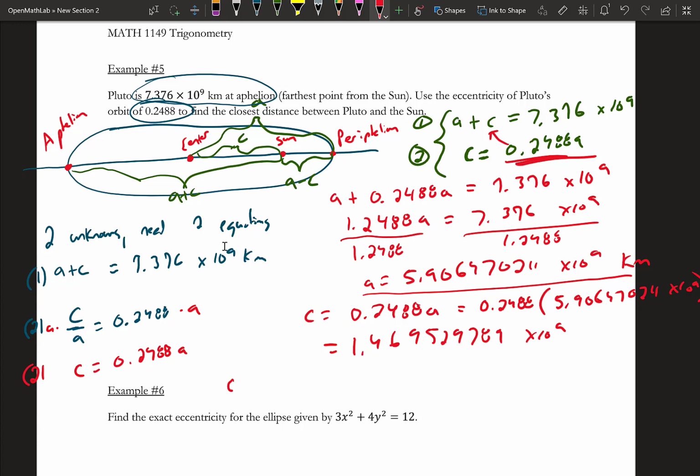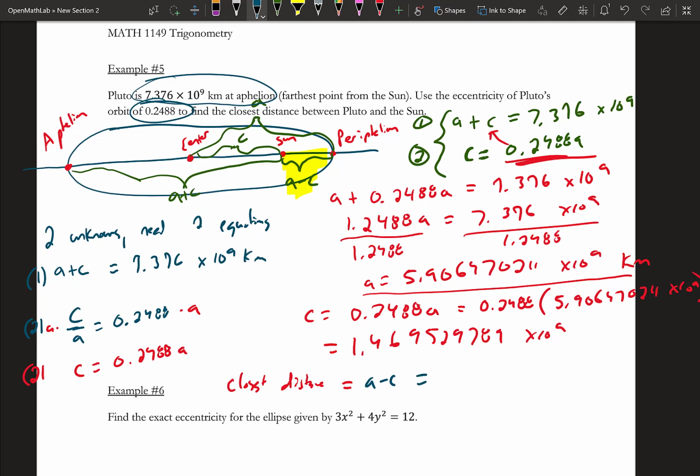So the closest distance, which is what we're after, and in the diagram, that's this part, right? So that would be equal to a minus c. Change back to a pen here. A minus c.